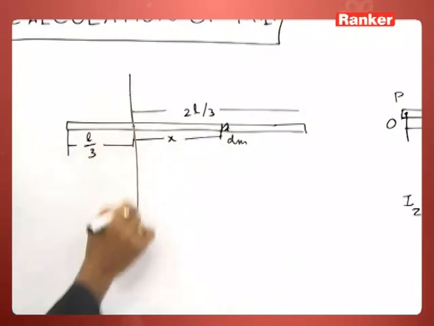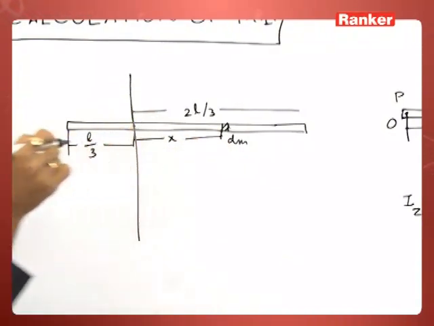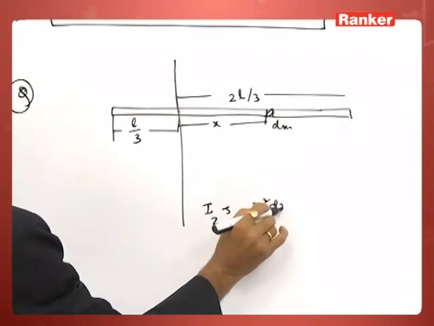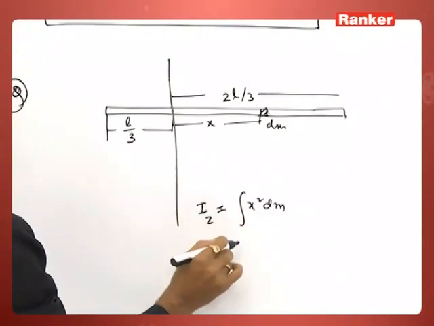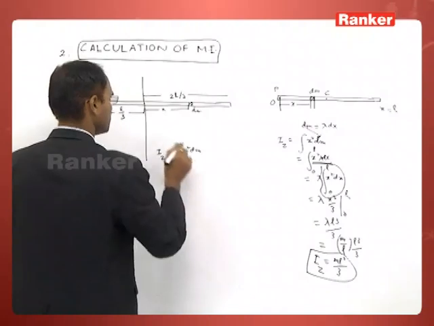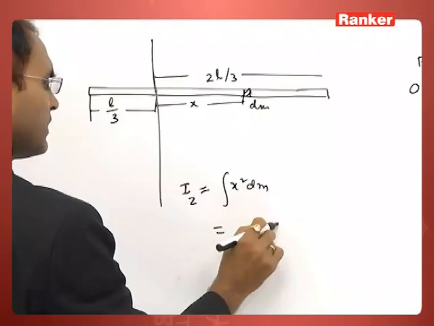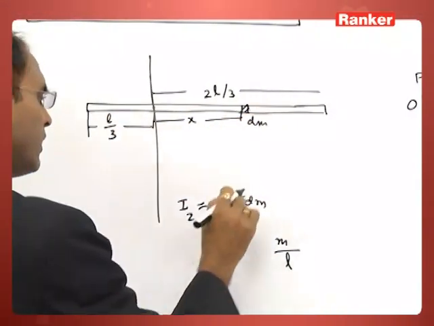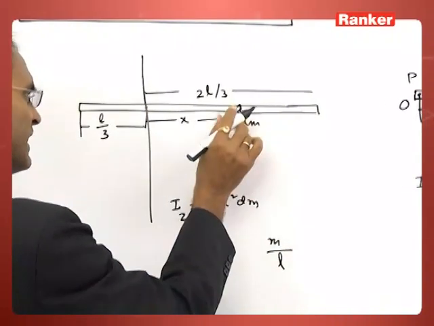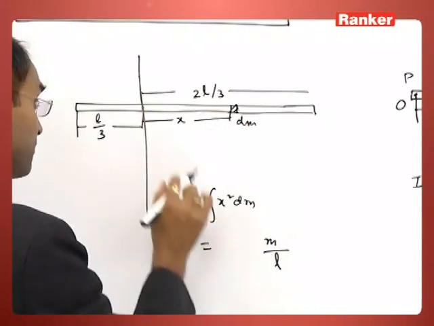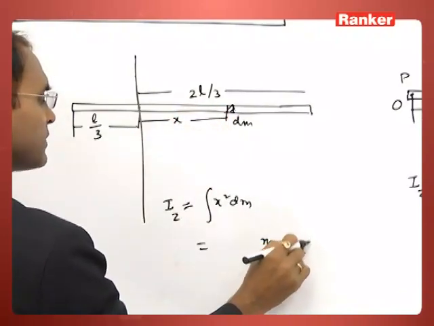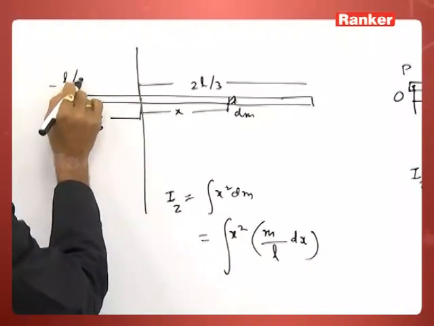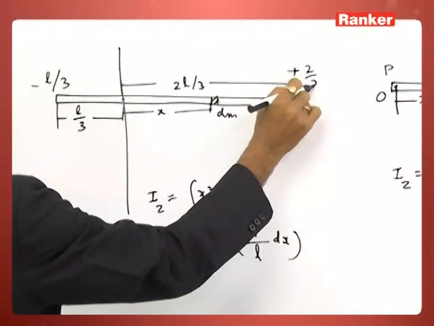So its moment of inertia about this axis, or about the z axis, is equal to x square dm, and integrate it. Total mass is M, total length is L. For a uniform rod, dm can be written as lambda into dx. Lambda is equal to total mass by total length for this particular uniform case, into dx. x ranges from minus L by 3 to plus 2L by 3.